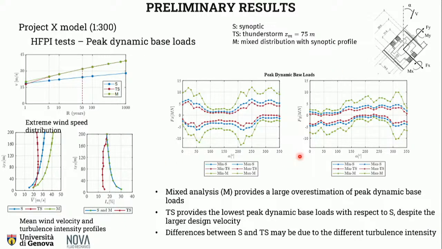And this figure plots the peak dynamic base loads in the X and Y direction, so along the 2 main axes of the building, on varying the angle of attack of the wind. And we can see that mixed analysis strongly overestimates the loading on the building, while synoptic and thunderstorm provide quite comparable results.